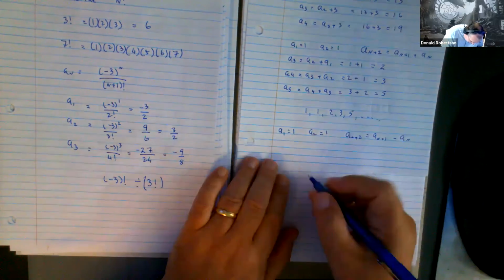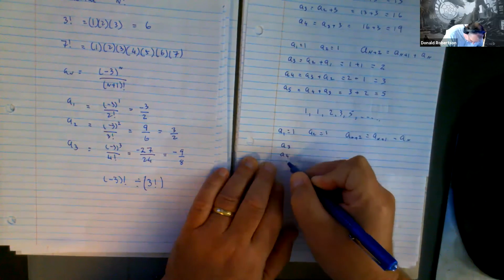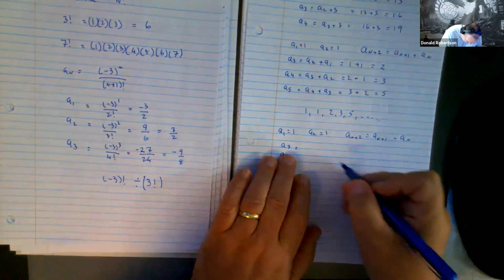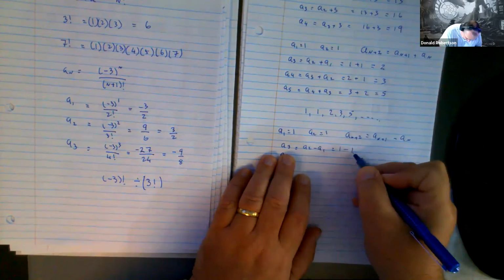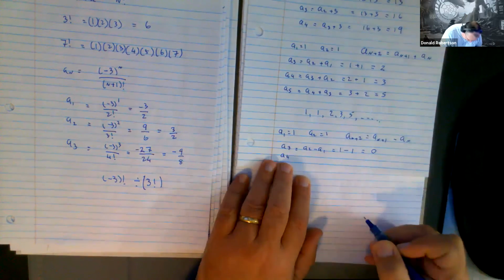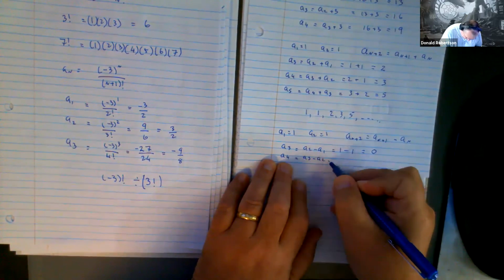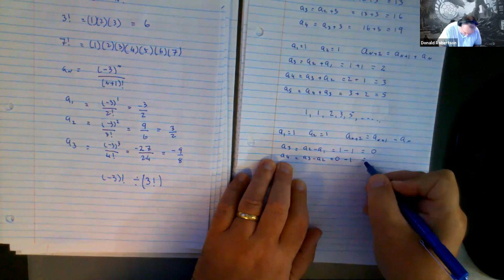So let's find out what A3, A4, and A5 are. A3 is going to be A2 take away A1, which is 1 take away 1, which is 0. A4 is A3 take away A2, which is 0 take away 1, which is -1.